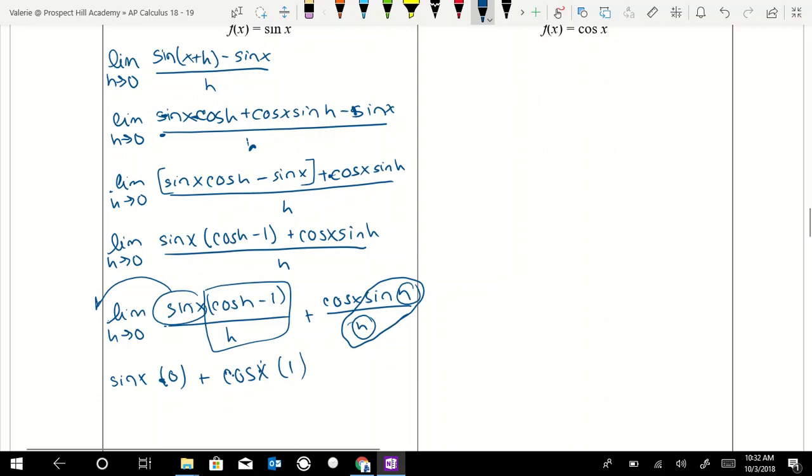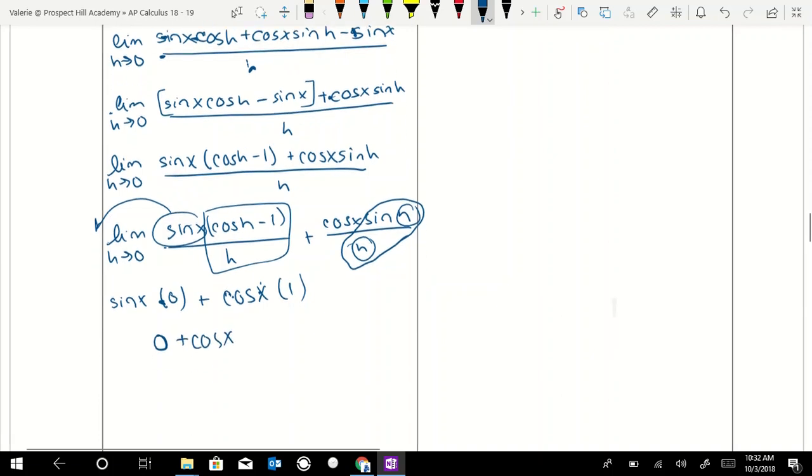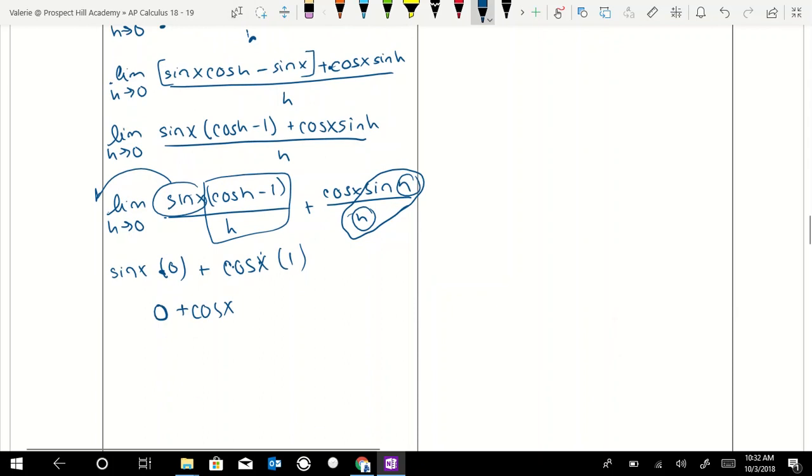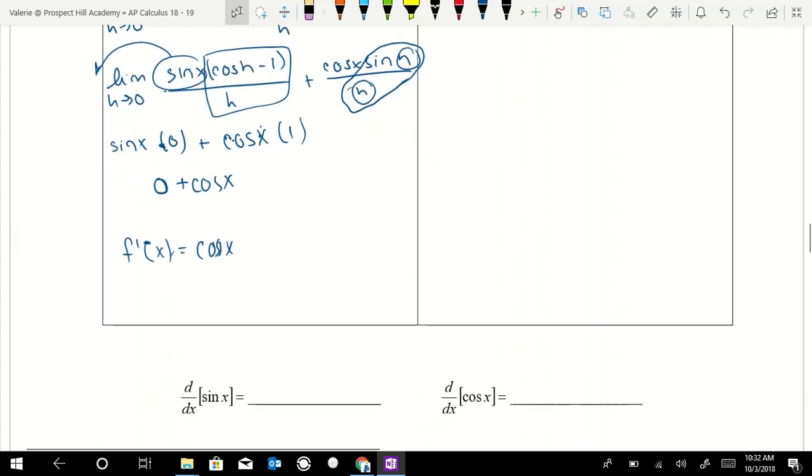So when we do this out, we get 0 plus cosine x. So f prime x is equal to cosine x. So the derivative of sine is cosine x.